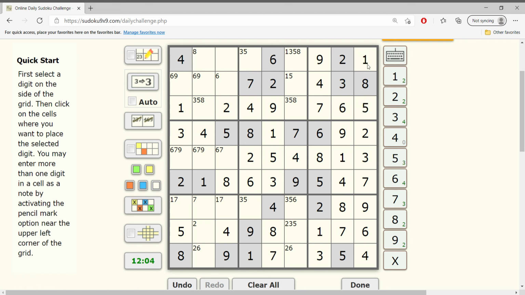This is 1. So let's get rid of this 1. 1 can only be here. Okay. And this is not 5. Okay. Can this be 3? Yeah, I think this cell can be 3 to complete the matching pair in this row.